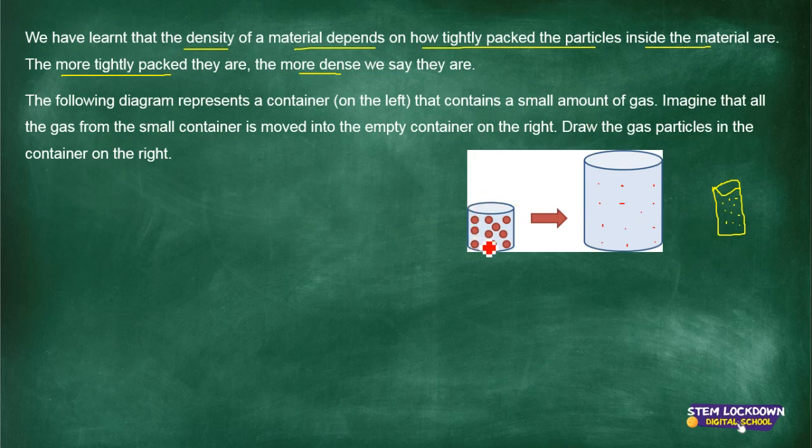Now, can you see how these particles are spread out, and there's a lot more space in between them? This makes the particles in this cylinder less dense, and the particles in the smaller one are more dense as compared to the particles in the bigger cylinder.